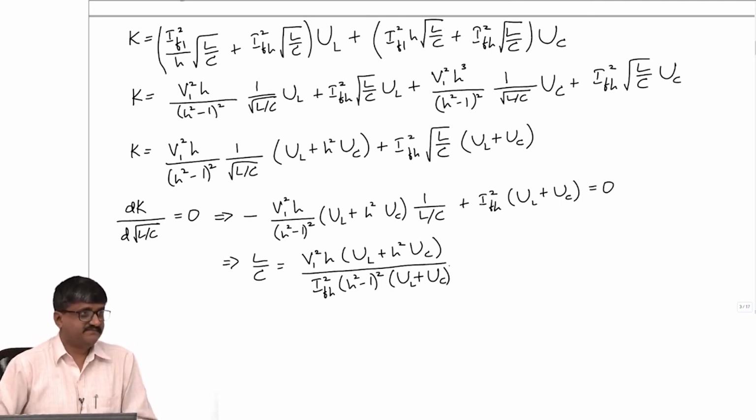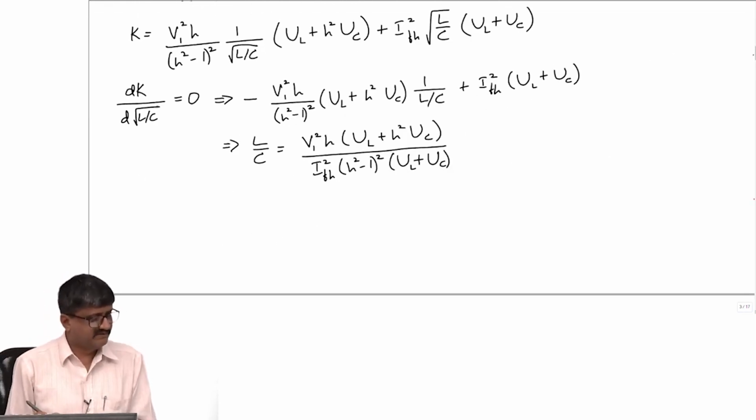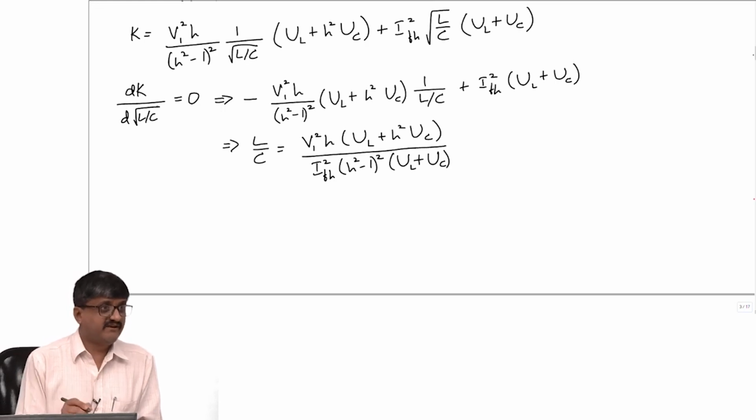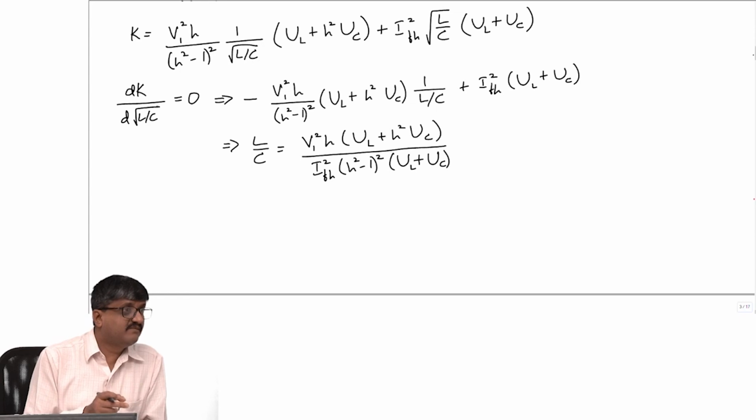Is this okay? Now, this is a necessary condition, but whether it gives minimum or not is yet to be determined. So, how do I find that? I have to take the second derivative, and the second derivative evaluated at this value of L by C should be positive. We are minimizing.